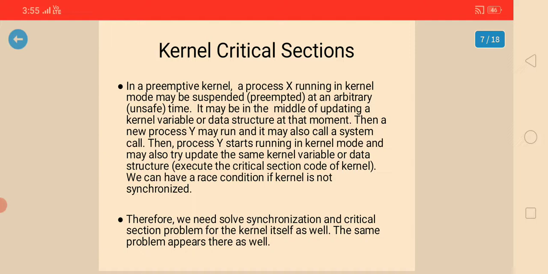Then a new process Y may run, and it may also call a system call. Process Y starts running in kernel mode and may also try to update the same kernel variable or data structure, executing the critical section code of the kernel.